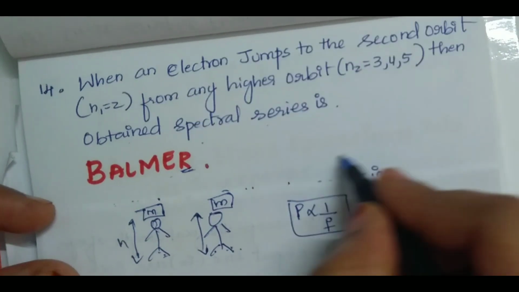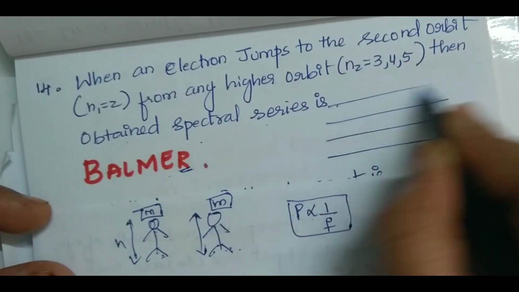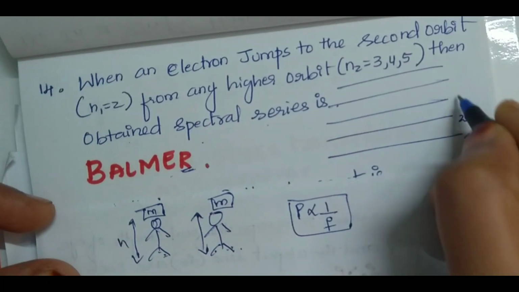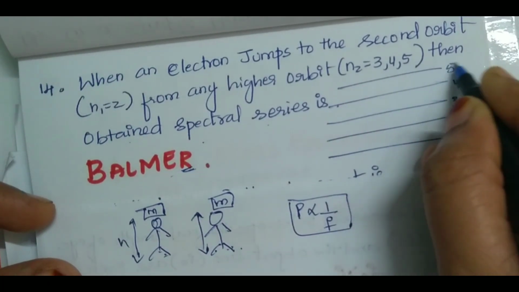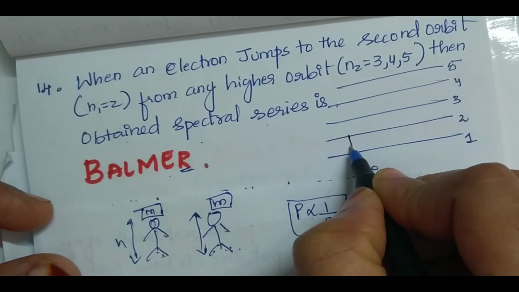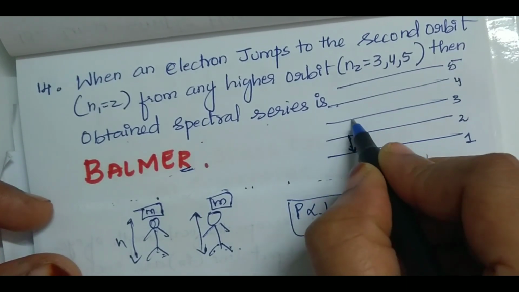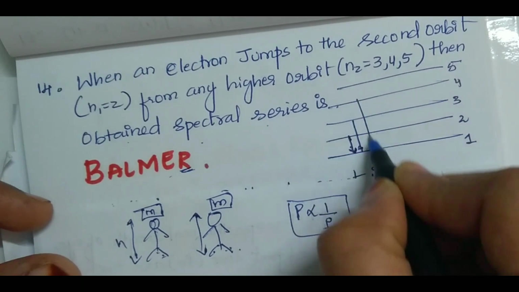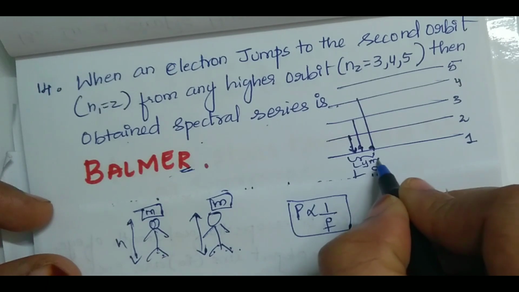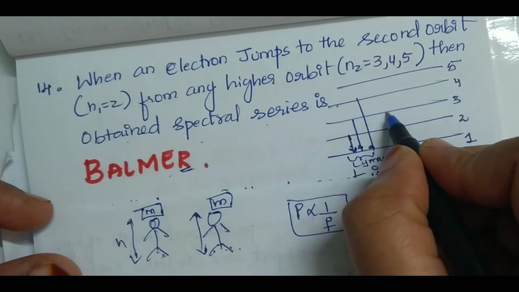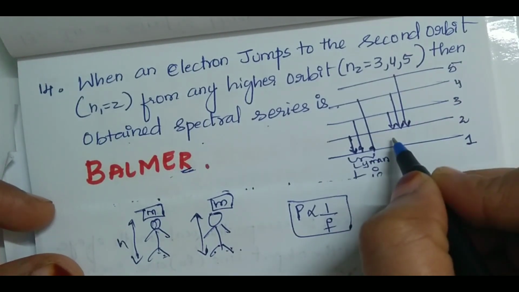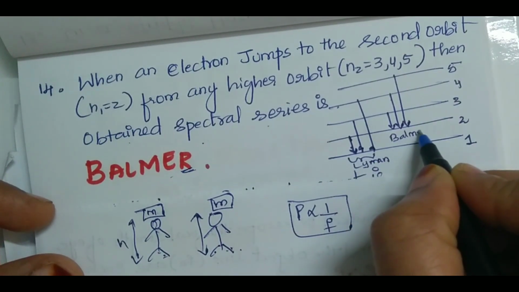So see, suppose these are the energy levels, this is 1, this is 2, this is 3, this is 4, and this is 5. Suppose the electron jumps from level 2 to 1, level 3 to 1, level 4 to 1, and so on. This series is called the Lyman series. If the electron jumps from 3 to 2, 4 to 2, 5 to 2, this is called the Balmer series.